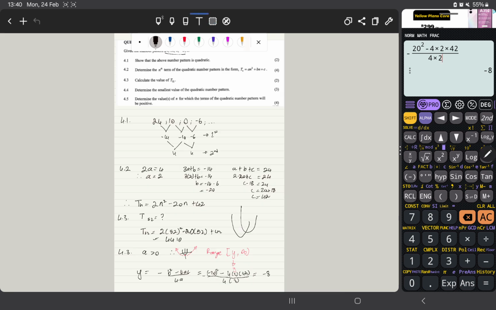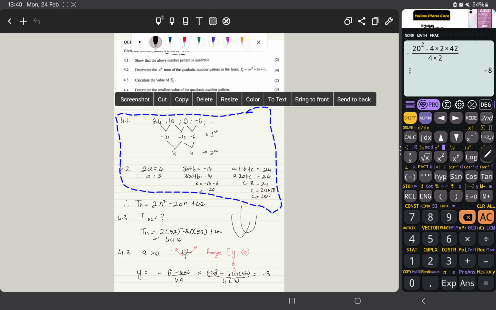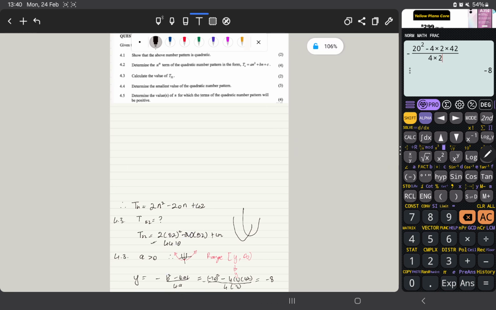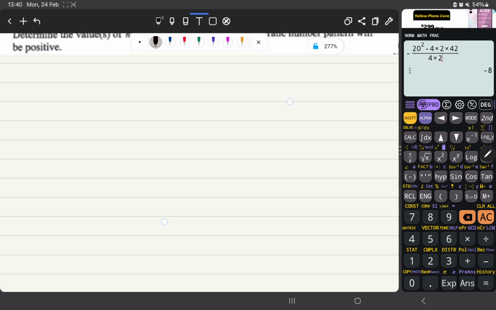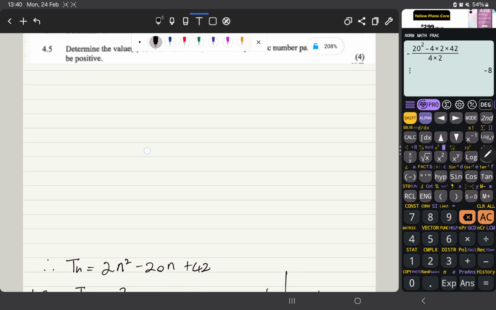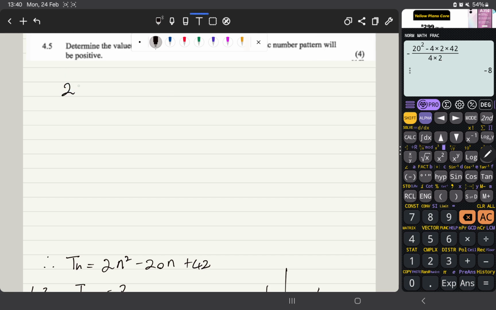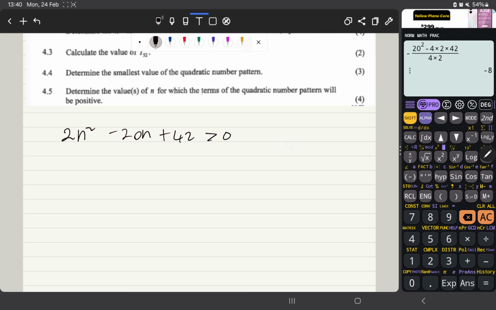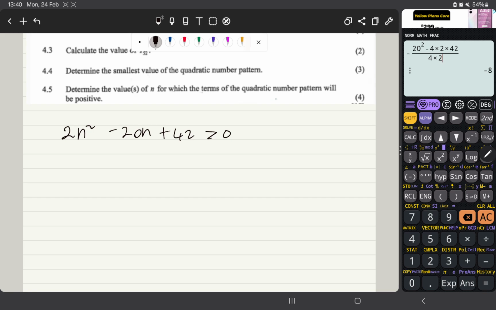So I need some space, let me remove this one, delete. So we are solving for this inequality.